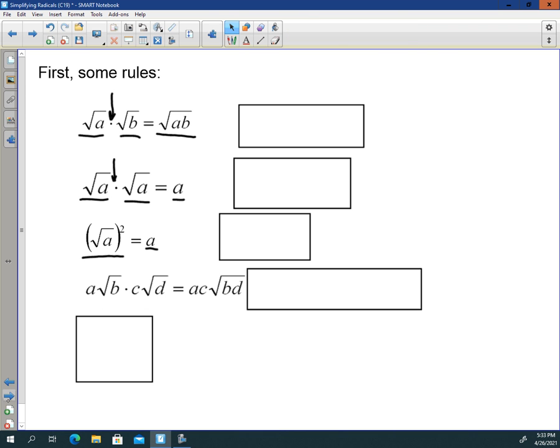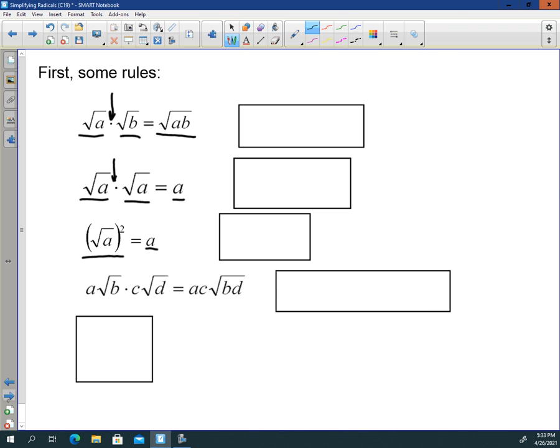Then another one is that if you take a number times the square root of a number and multiply that by another number times the square root of still another number, that's the same as multiplying the two numbers that are outside the radical expression and then the two numbers that are inside the radical expression.